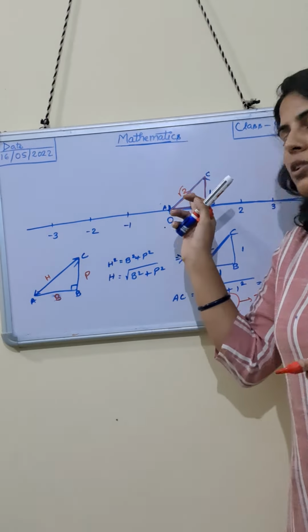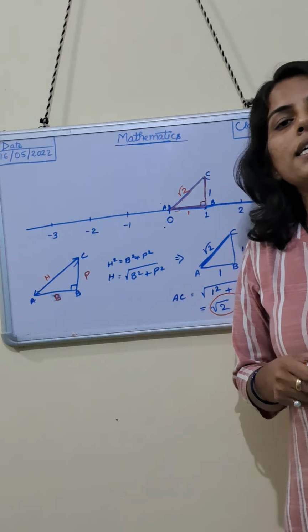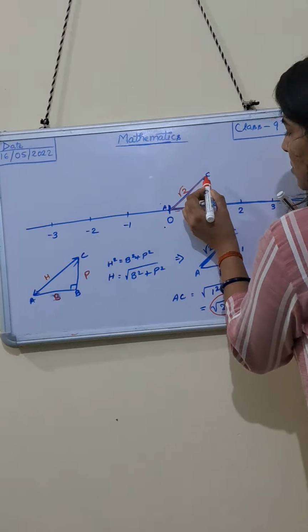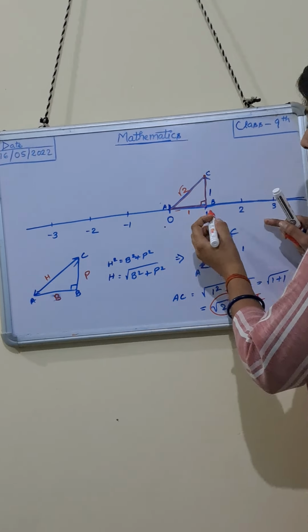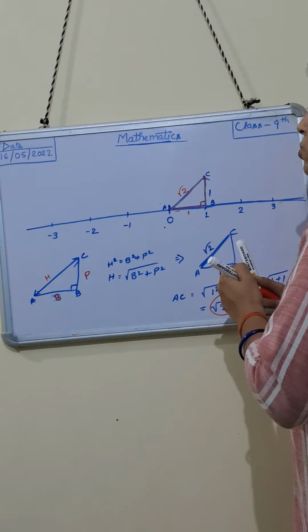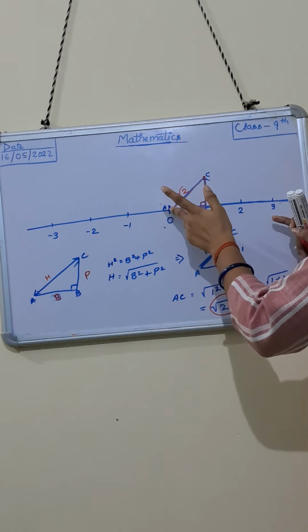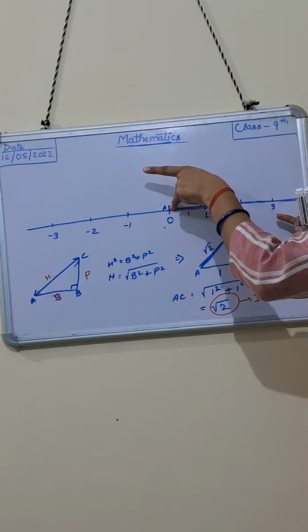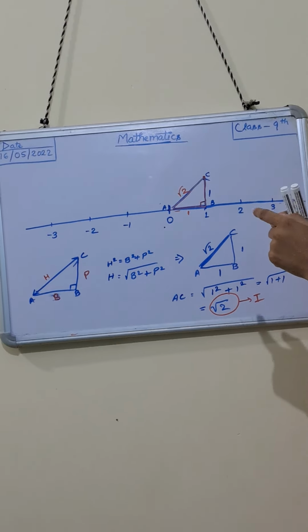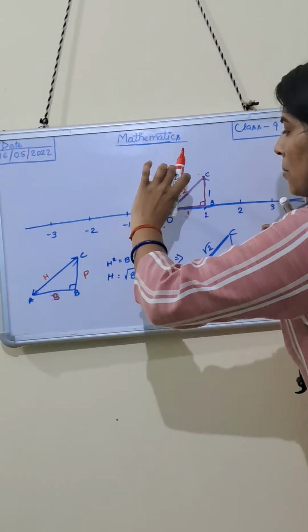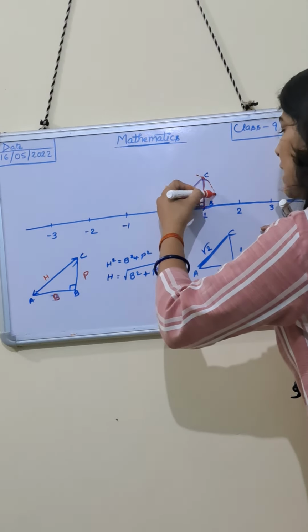Okay? We have drawn under root 2, but we have to represent the irrational number on the number line. We have to draw under root 2 on the number line. So what can we do? We will take a compass. We will put the needle here and our pen here. We will take the same distance, a constant radius, put the compass here and draw an arc like this.